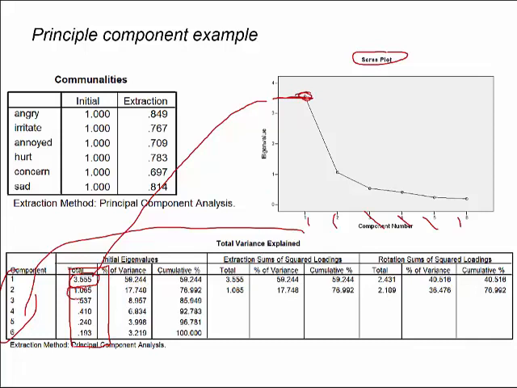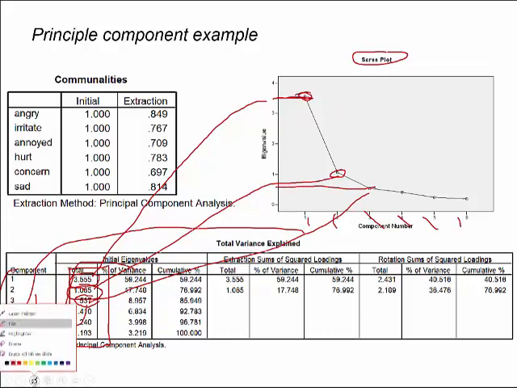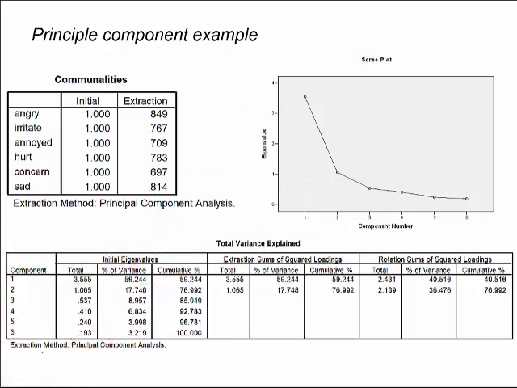The second component had an eigenvalue of 1.065. So I'll put that right here, 1.065. The next component had an eigenvalue of 0.537, and so that's 0.537. So the scree plot is just plotting these eigenvalues from our initial solution where we extract all the possible components.